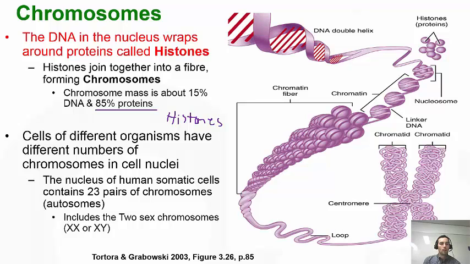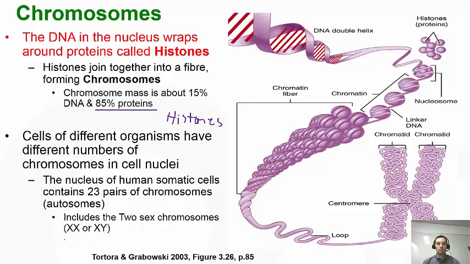And depending on the organism, you're going to have a different number of chromosomes, and the regions within these chromosomes will also be different. So they're going to contain different genes because different organisms have different chromosomes and they're organized in different ways. For example, the human somatic cells actually have 23 pairs of chromosomes, and of these, there's actually 2 sex chromosomes.